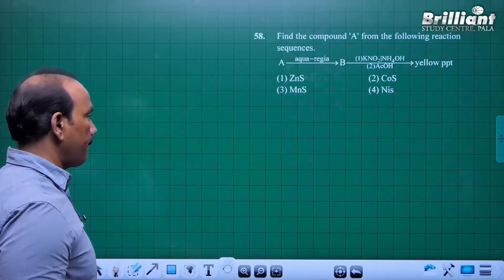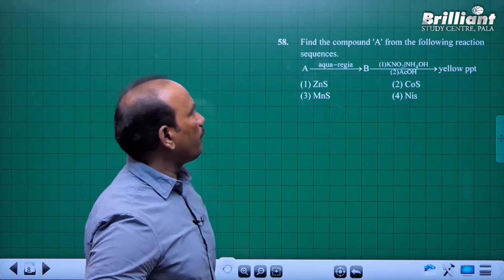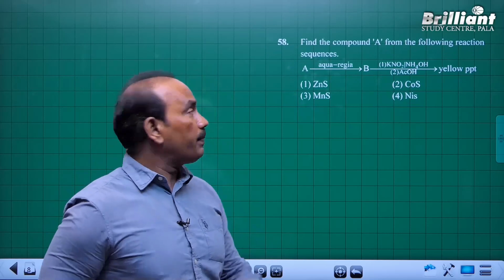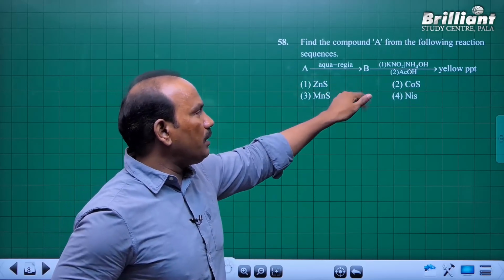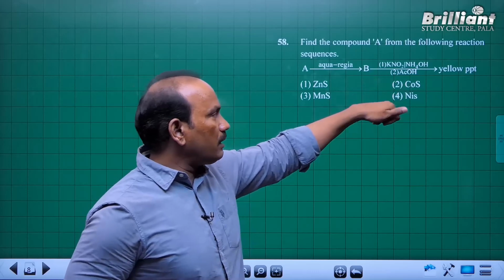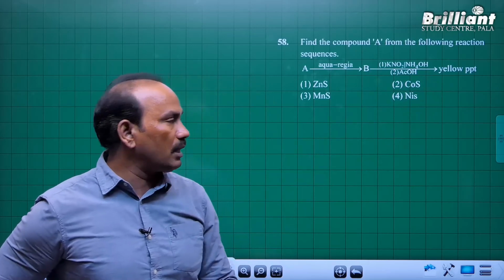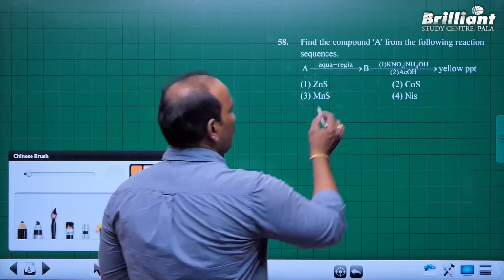Now here: find the compound A from the following reaction sequence. A in aqua regia gives B; then potassium nitrite, ammonium hydroxide and acetic acid. We get a yellow precipitate. The important point here is aqua regia.